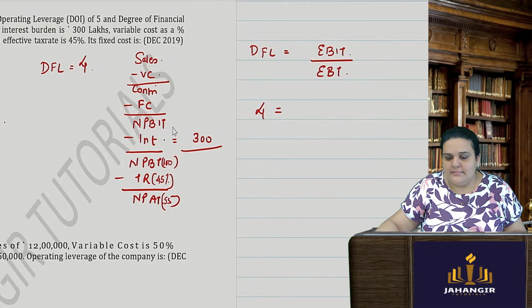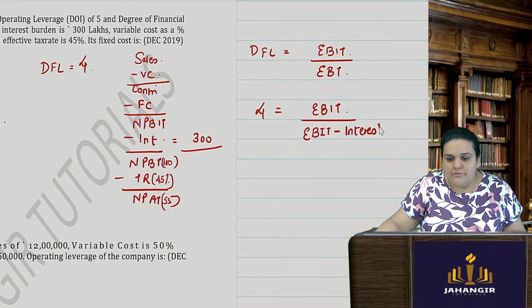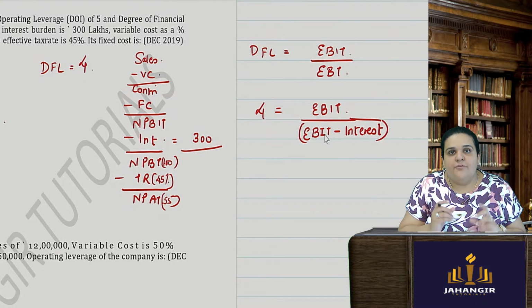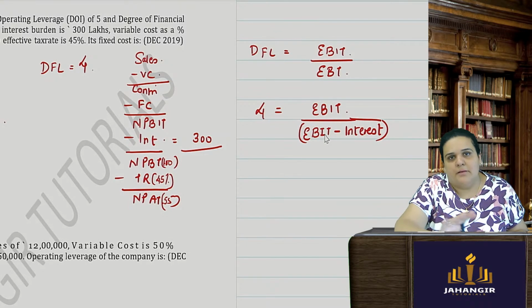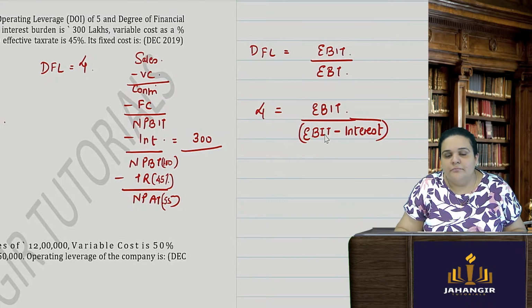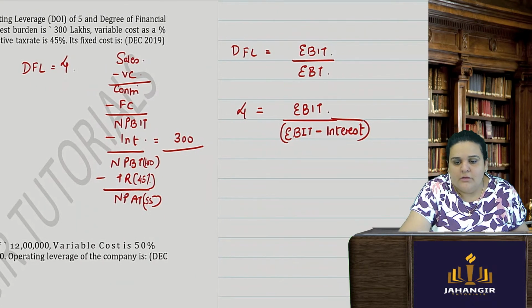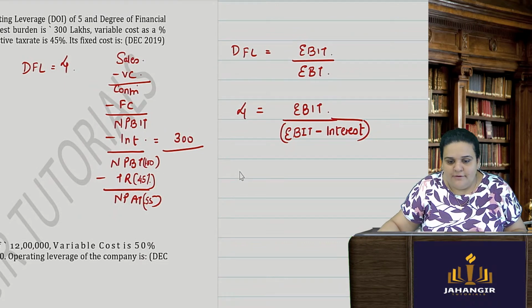EBIT is earnings before interest and tax, and I am arriving at EBT when I am subtracting interest from EBIT. I am just trying to put in a few formulas and find one more factor so that my income statement will get completed by some ratio, so that I can find the fixed cost quickly. So now I know my degree of financial leverage is 4.